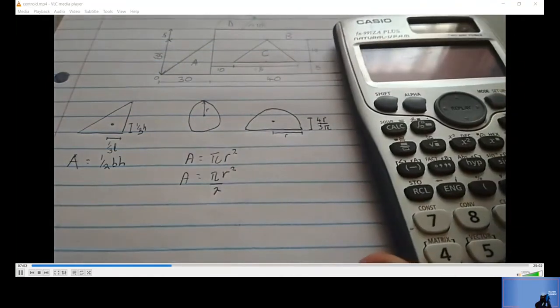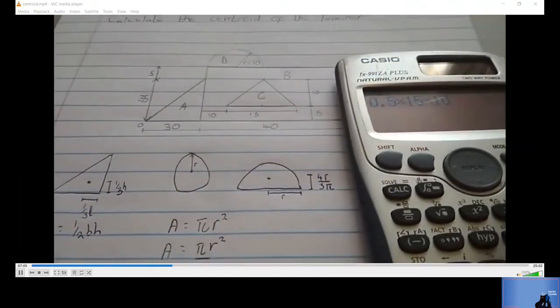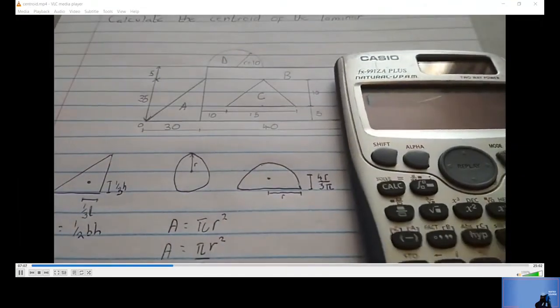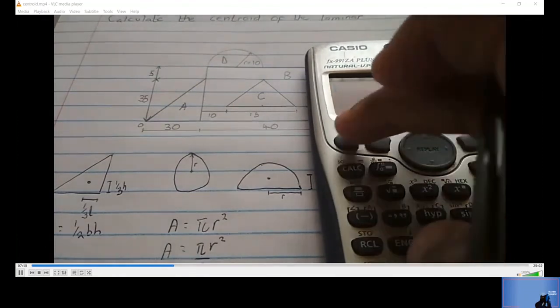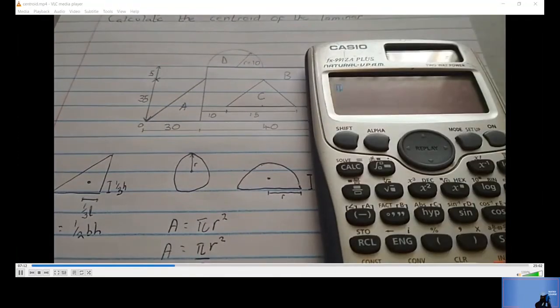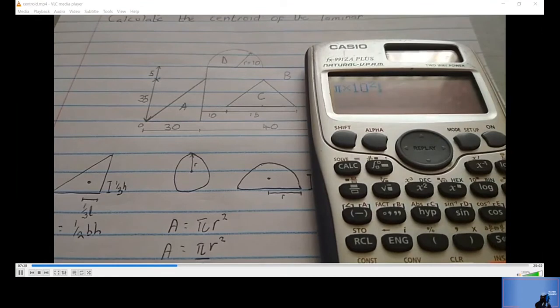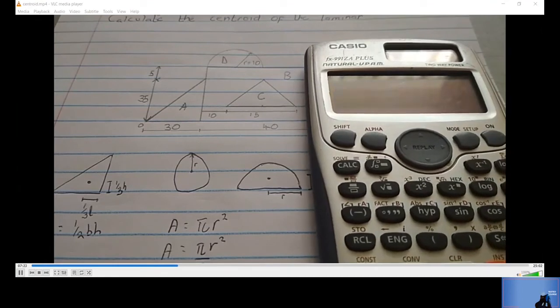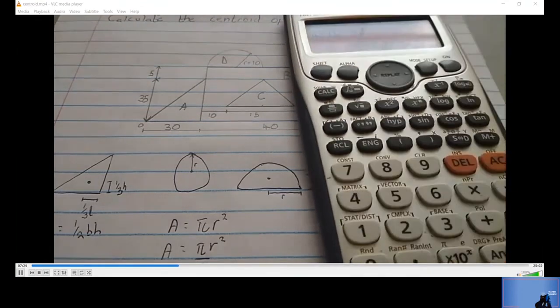So, since D is half a circle, we're going to say pi times our r, we're given as 10 squared, divided by 2. We get 157. We'll go ahead and put it right there. 0.08.